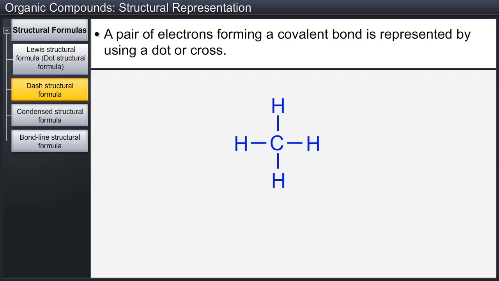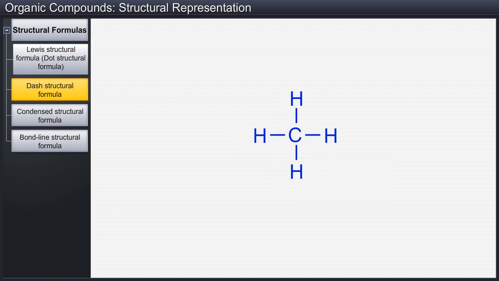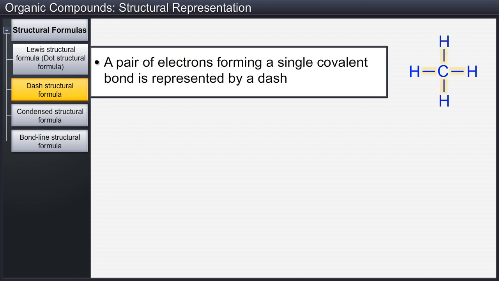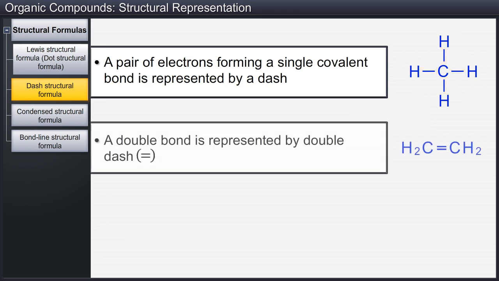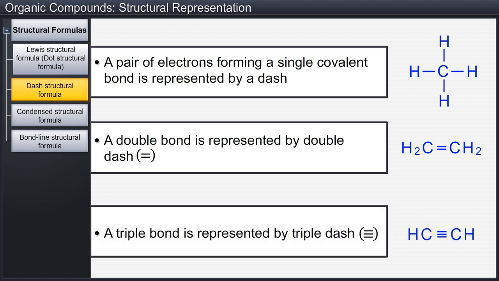This simplified representation is called dash structure. Thus, a pair of electrons forming a single covalent bond is represented by a dash. A double covalent bond is represented by a double dash, and a triple covalent bond is represented by a triple dash.